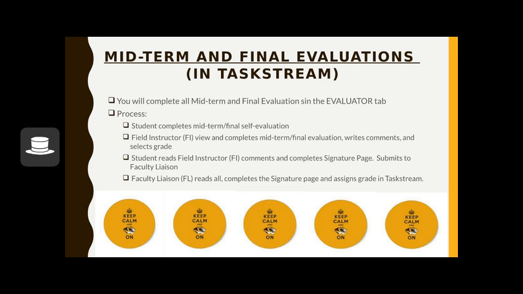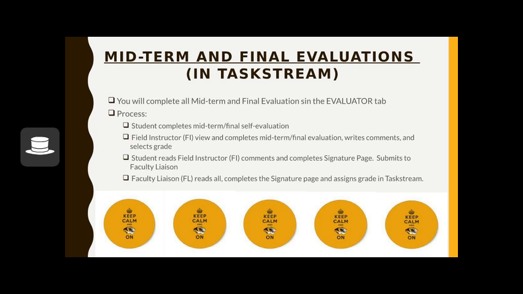So again, the student completes a self-evaluation, which generates that evaluate button for you. You evaluate, write your comments, select your grades, sign off on the form, and submit that form back to the student. The student reads your comments and then goes in and completes the student's signature page.